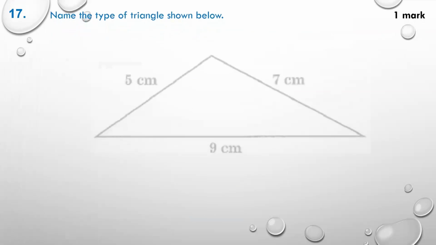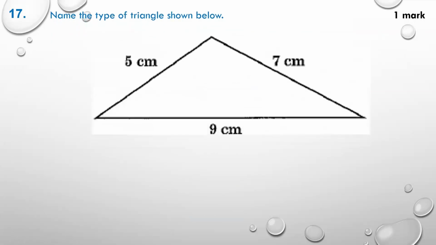So, in number 17, name the type of triangle shown below. So we have 5 centimeters for one side, 7 centimeters for another side, and 9 centimeters for the third side. So let's recall that there are different types of triangle. One triangle is known as an equilateral.